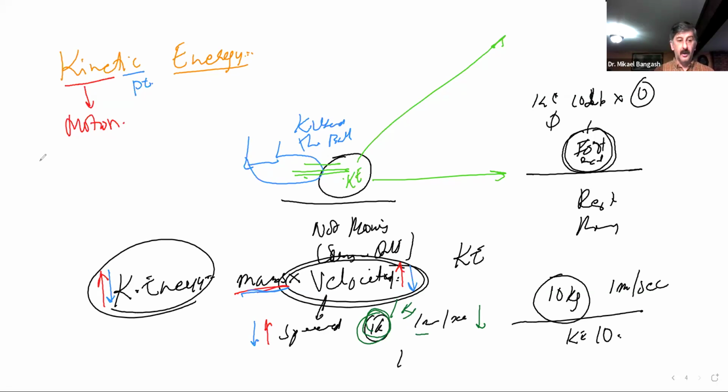Whereas if somebody comes like this, and then kicks the ball, they are going to end up transferring more kinetic energy over to that ball. Since its mass is constant, the greater kinetic energy transferred is going to cause it to move with a greater speed.